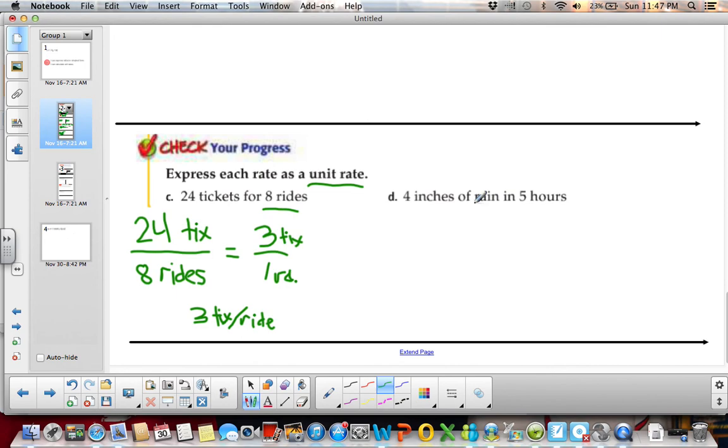Okay? 4 inches of rain in 5 hours. Pause me and try to do this on your own. So we write it as 4 inches per 5 hours. So our unit rate is how many inches per hour.